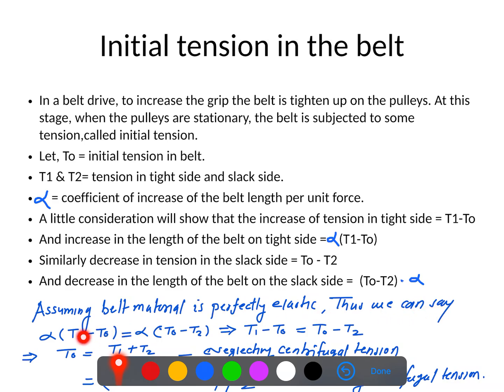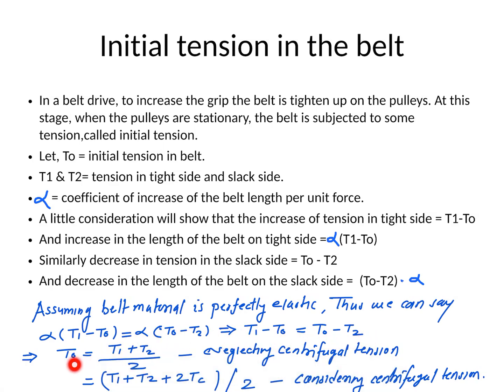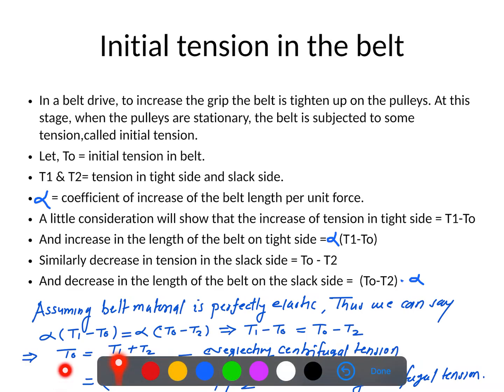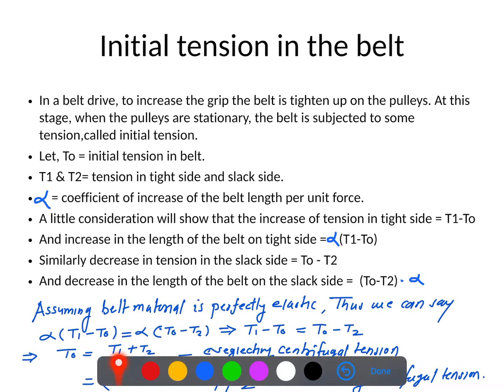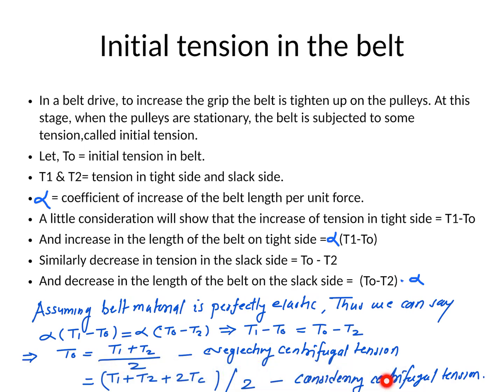Thus we equate these two relations: alpha into T1 minus T0 is equal to alpha into T0 minus T2. This tends to T1 minus T0 is equal to T0 minus T2. That is, initial tension T0 is equal to T1 plus T2 divided by 2, neglecting the centrifugal tension. And if we consider the centrifugal tension, then it will be equal to T1 plus T2 plus 2Tc divided by 2.